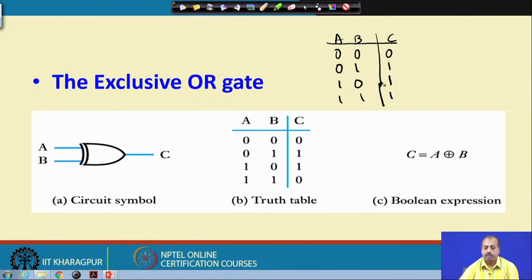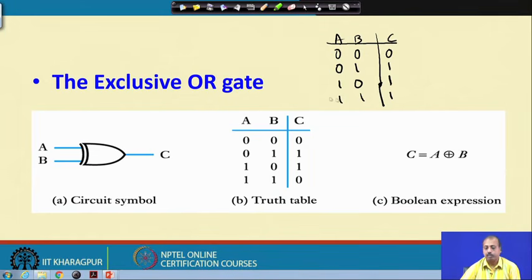Now, in the case of the XOR gate, we first compare at the truth table level. You see that when both the inputs are equal to 1, the XOR gate gives output 0, whereas the OR gate gives the output 1. As the name suggests, the exclusive OR gate requires that exclusively only one of the inputs will be equal to 1.